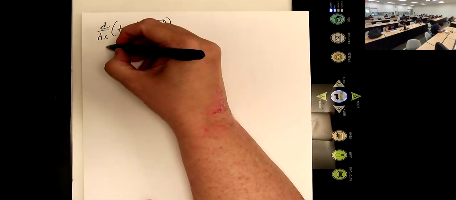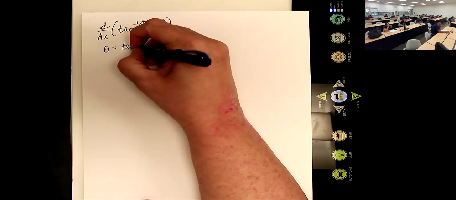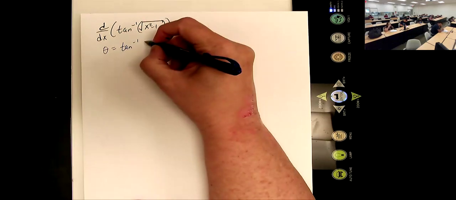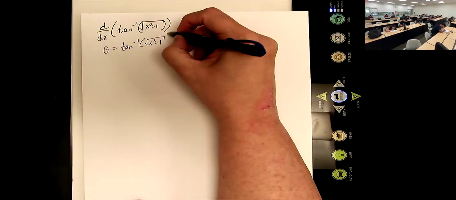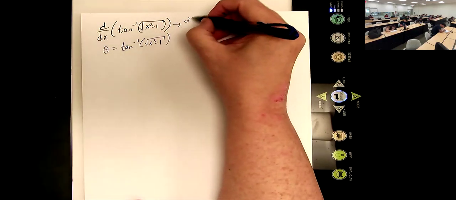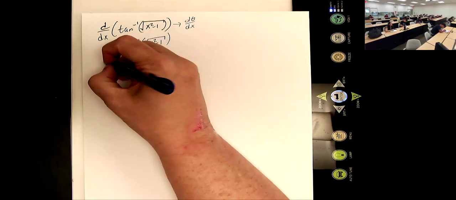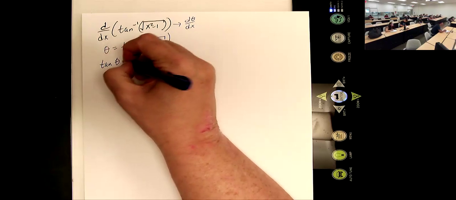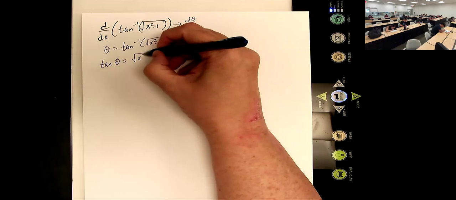So I'm gonna use theta since they didn't make me use y. I like having my angle be theta. Theta equals tangent inverse of the square root of x squared minus one, and we're looking for d theta/dx now. Now I can switch this around and do tangent theta equals square root of x squared minus one.